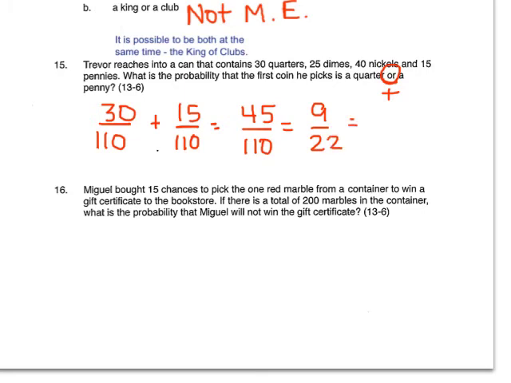As a decimal, 9 divided by 22 is 0.4091. And then when I move that decimal point, that would be 40.91%.